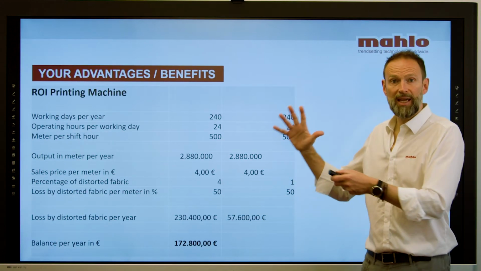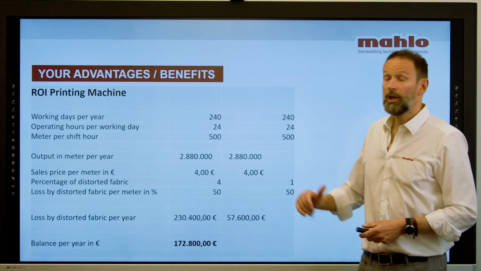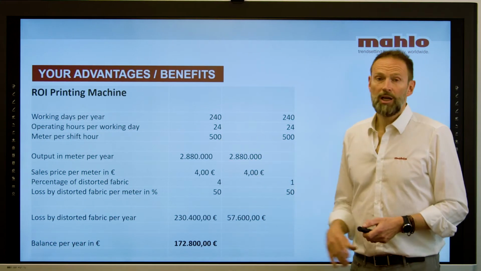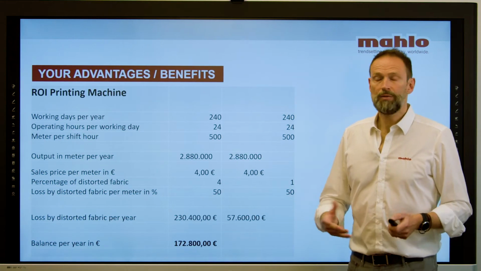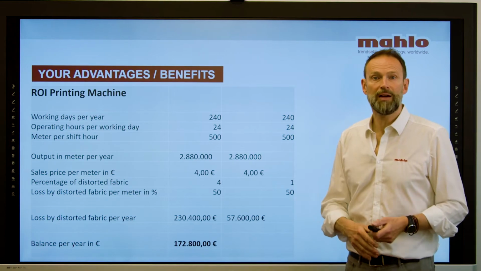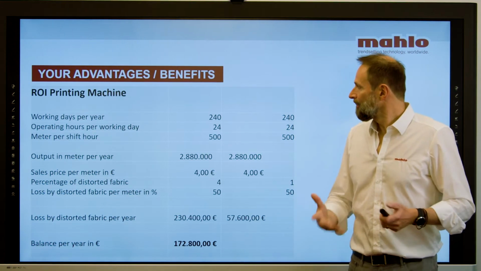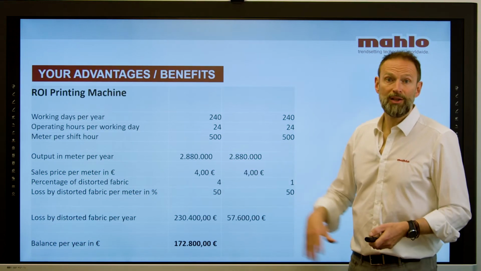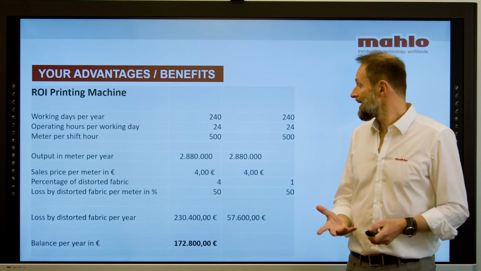We have just taken an operation of 240 days a year with a 3-shift operation, 24 hours, and you would produce roughly 500 meters per hour, and this ends up with nearly 3 million meters a year.